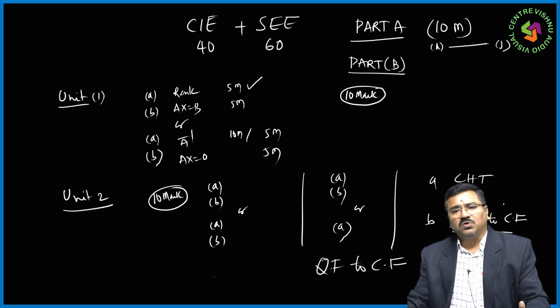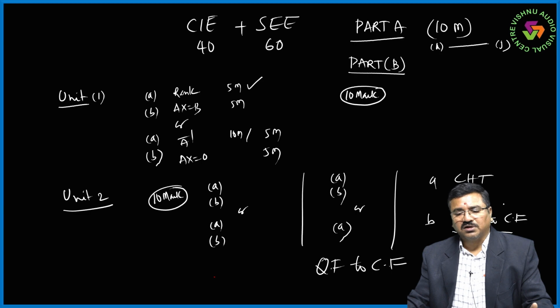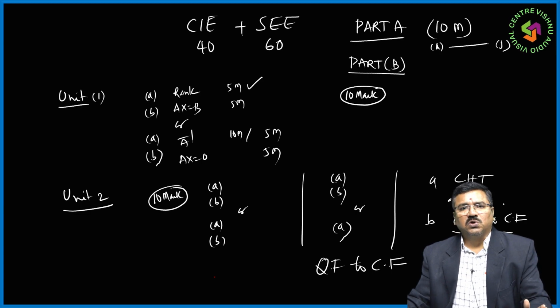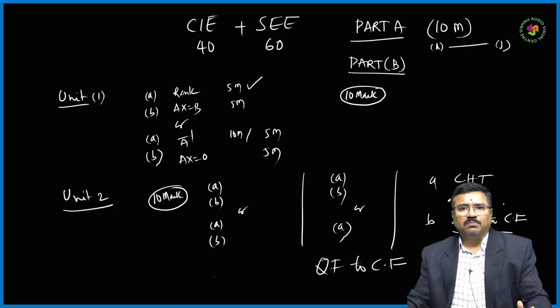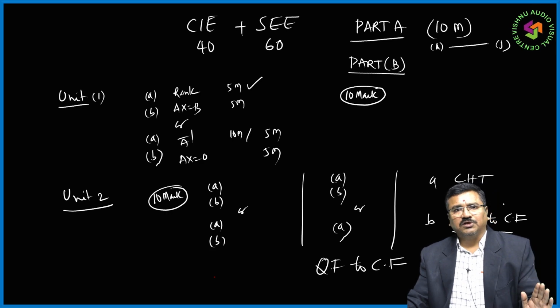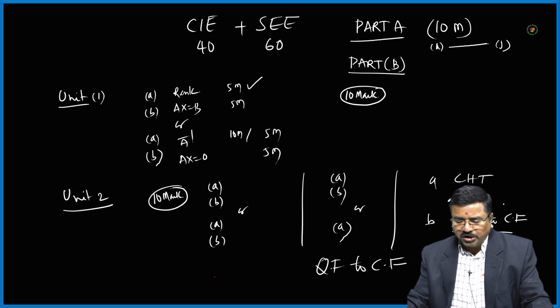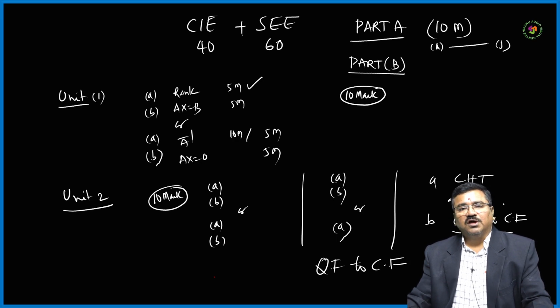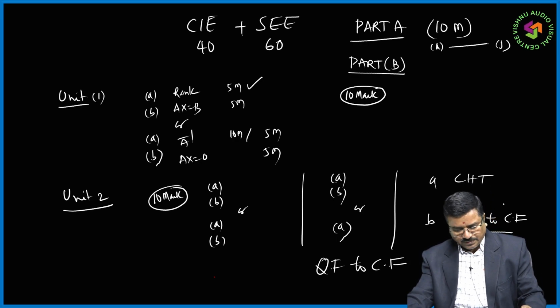So better not to make any single mistake in computing eigenvalues and eigenvectors. These are scoring units for slow learners, unit 1 and unit 2. Practice unit 1 and unit 2 100%, and you will get 20 marks easily from these first 2 units. Okay, coming to the next unit 3.